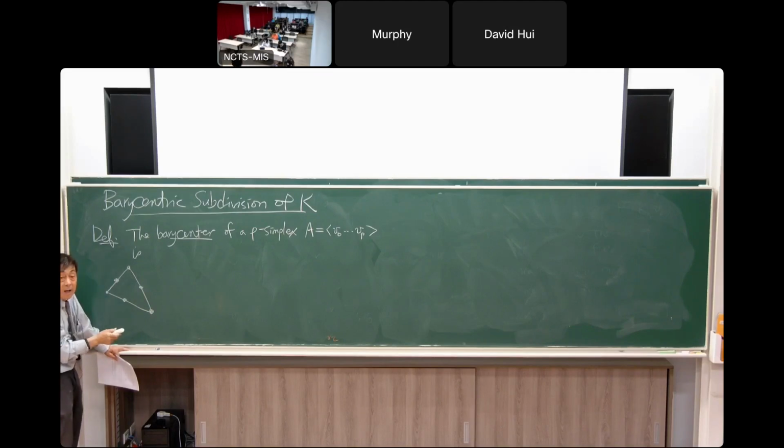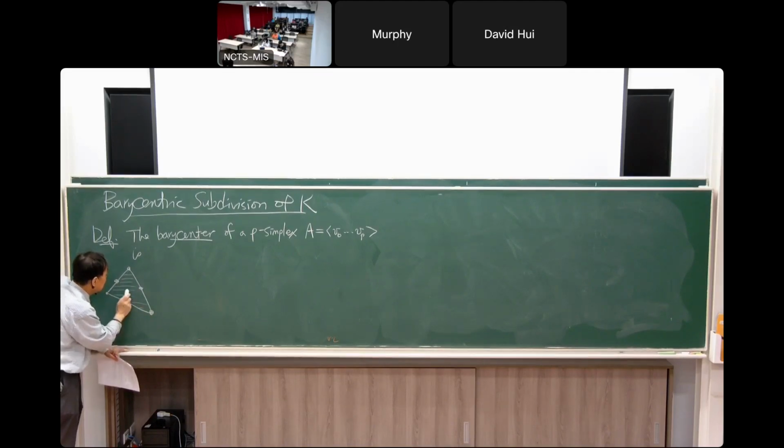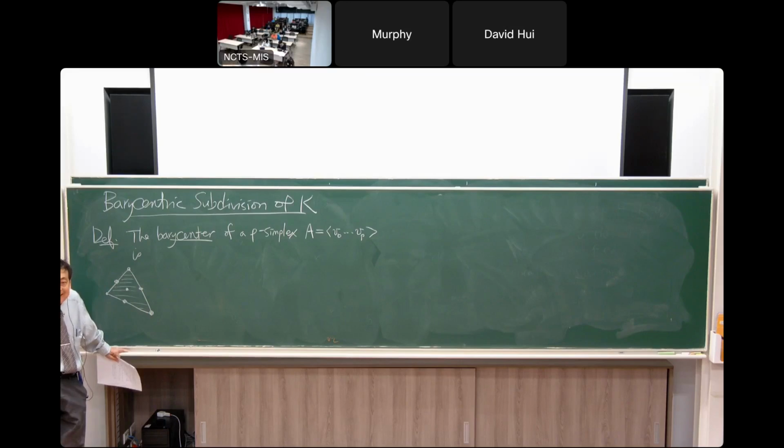And the barycenter of a triangle is its centroid. It's an important point. It's the intersection of all the angle bisectors. Anyway, it's the center of mass.